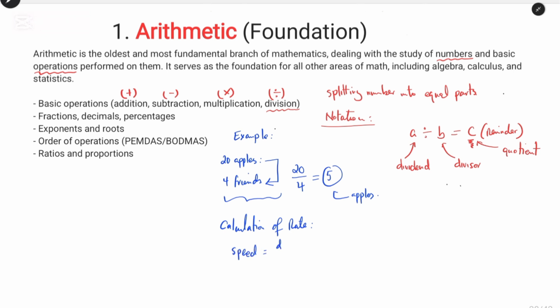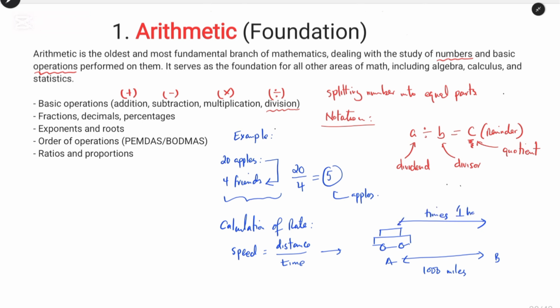Speed is equal to the distance divided by time. By looking at the speed, it is very important. If you are traveling on a vehicle from point A and you want to reach point B and the distance is 1000 miles, then if the time it takes is 1 hour, now you will know the speed at which you travel.